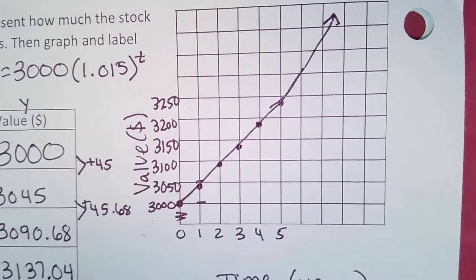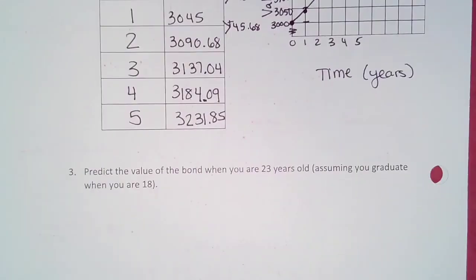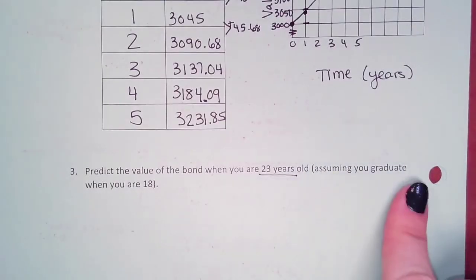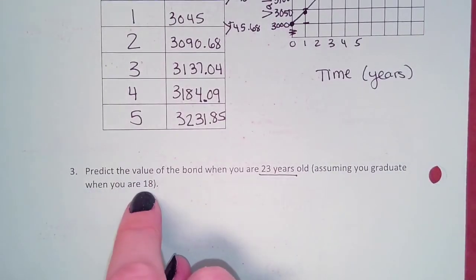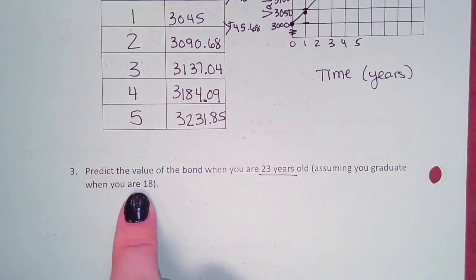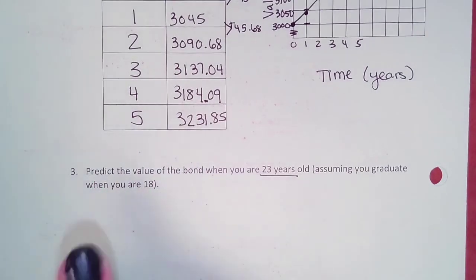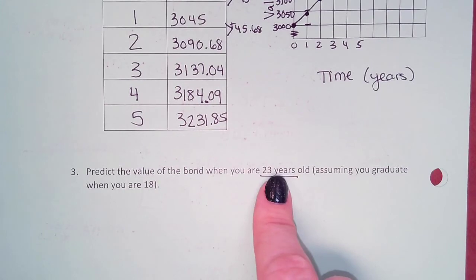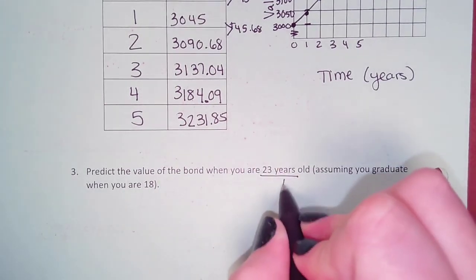The last question says, predict the value of the bond when you're 23 years old, assuming you graduate when you are 18. So let's see what the difference is. I got the bond at 18. We want to find out what we're going to plug in for t. So how many years have passed from 18 years old to now 23? Well, let's do some subtraction.